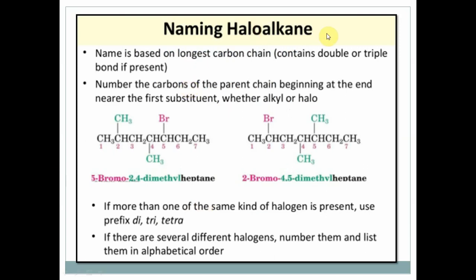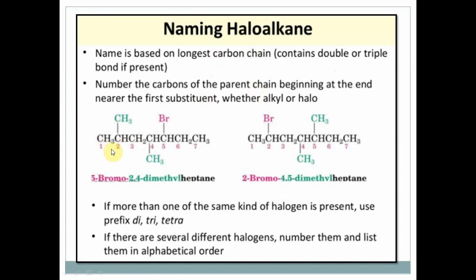Now, naming of haloalkanes or alkyl halides. Again, here we choose the longest chain of carbon. If a double or triple bond is present, we give the numbering so that the substituent gets the minimum number.